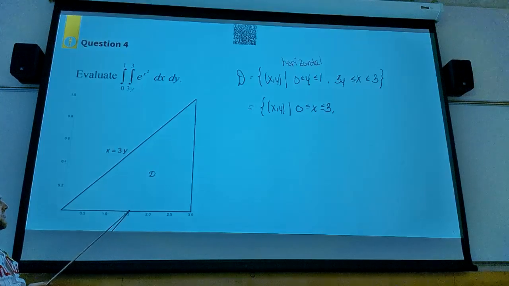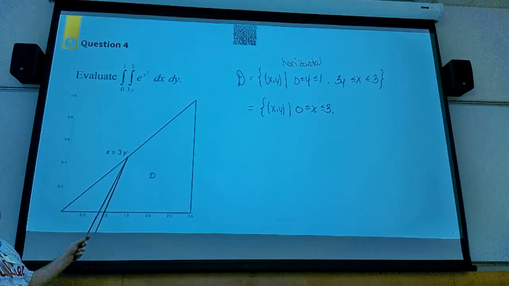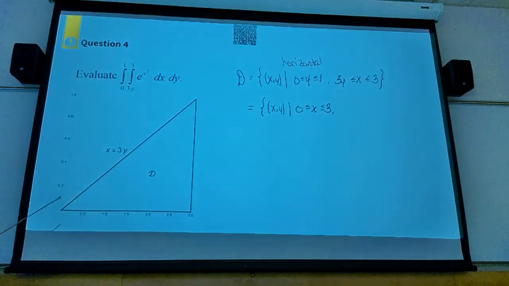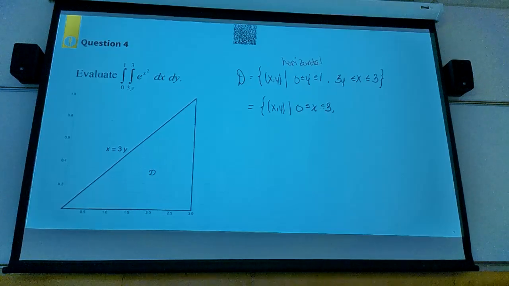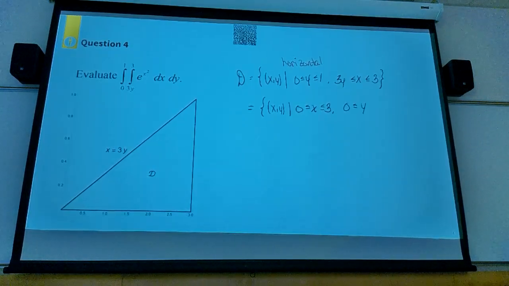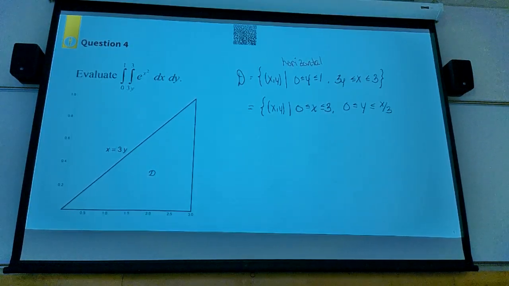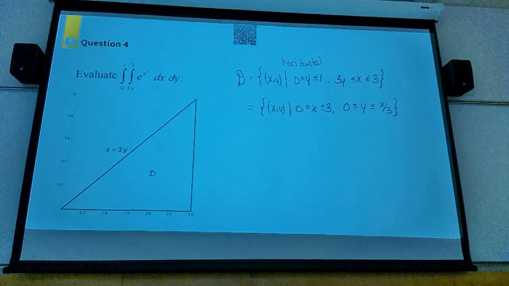Right, to x over 3. There's your description for vertically simple. Same region, just described two different ways.